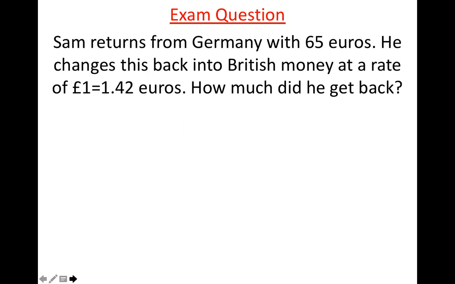Okay, let's look at this. Sam returns from Germany with 65 euros. He changes this back into British money at a rate of £1 is 1.42 euros. So he comes back with 65 euros. How much did he get back?